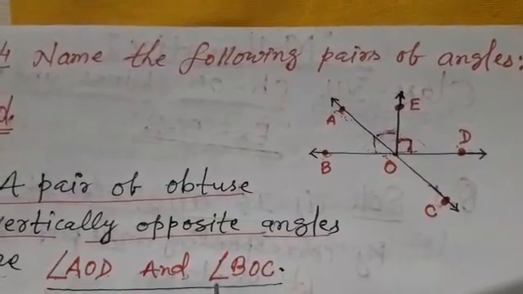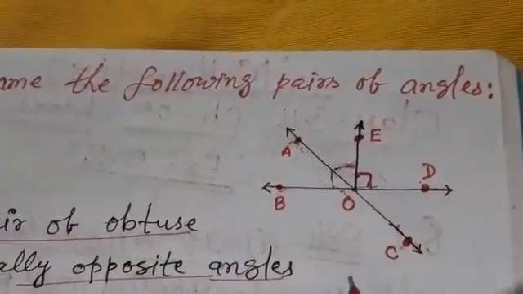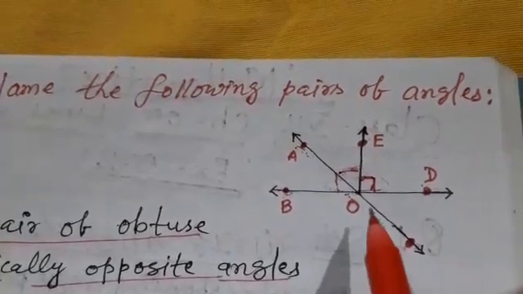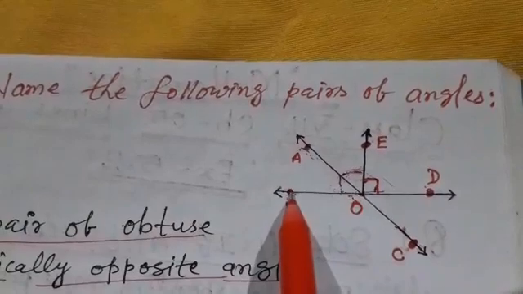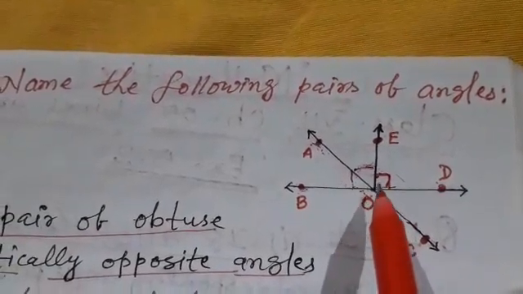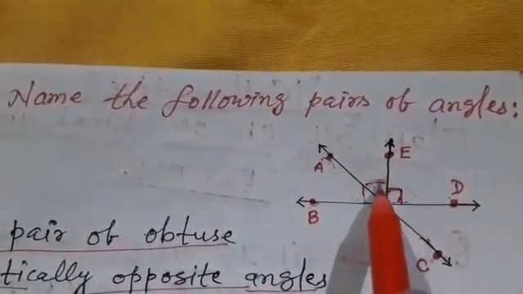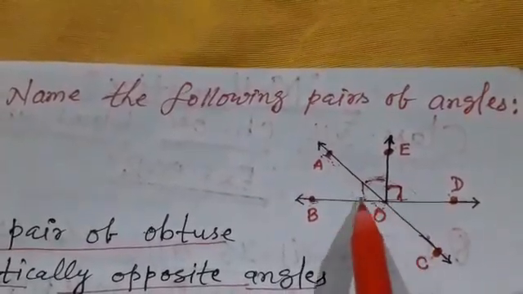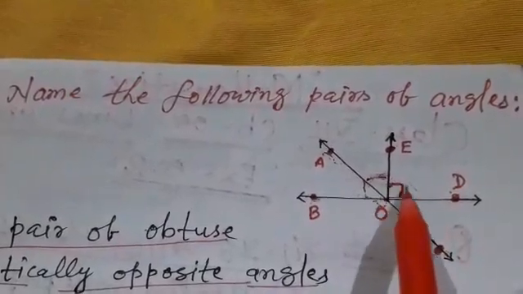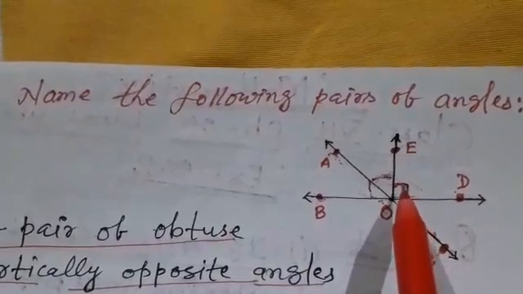Next question is equal supplementary angles. It is the third part of this question. Equal supplementary angles are BOE and EOD. When we sum these two angles, it becomes 180 degrees. And as we know, when the sum of two angles is 180 degrees, they are known as supplementary angles.